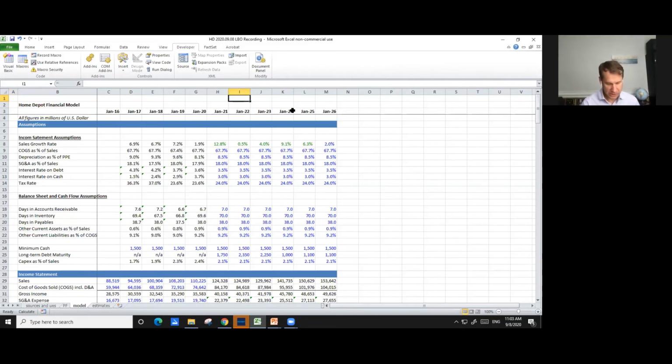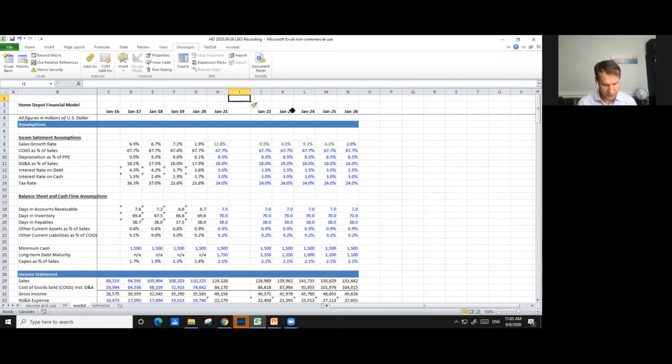So I will insert an additional column between columns H and I. So I've pressed Alt-IC, insert column. I'll call it pro forma.